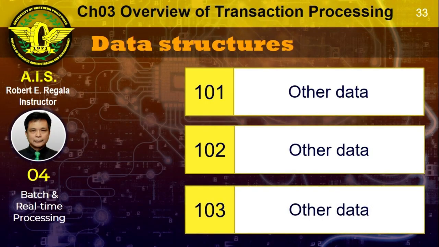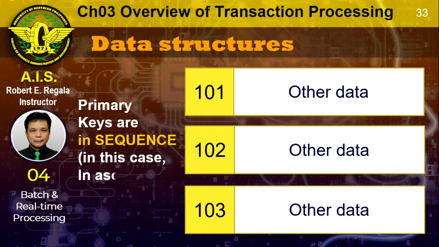Thus, all records in the file lie in contiguous storage spaces in a specified sequence, ascending or descending order, arranged by their primary keys, or P key.